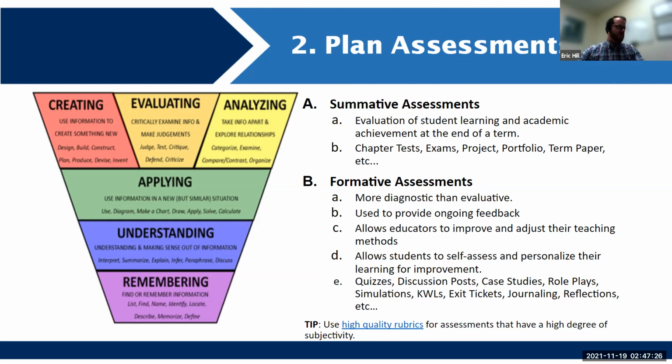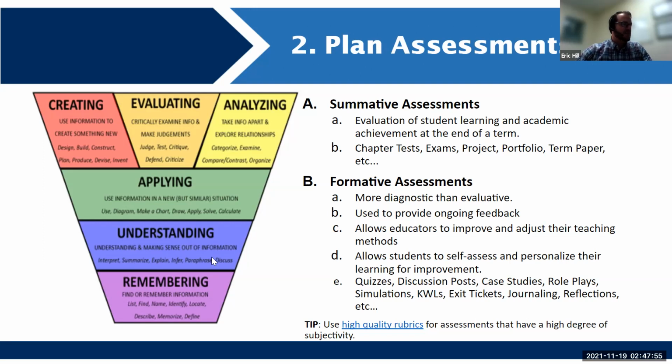So thinking about a module, for example, a lot of our formative assessments will probably fit in the remembering, understanding, and maybe even applying areas of this diagram, where we're asking students to list and find and identify and locate things. Hopefully we can see how we'd see that in most likely a homework assignment of some sort, or a practice, or even in some of that group work where the group just needs to describe something.